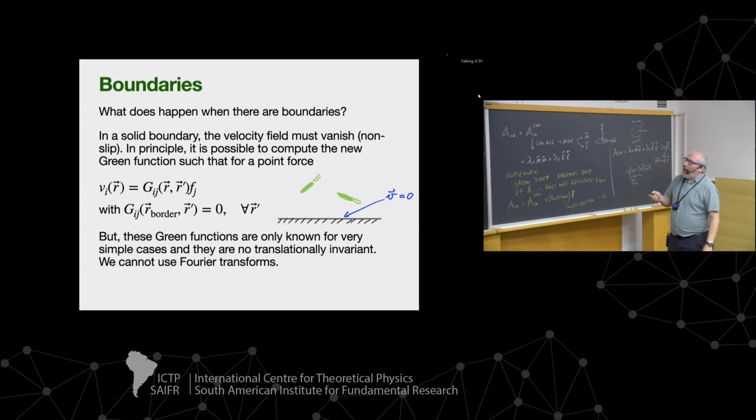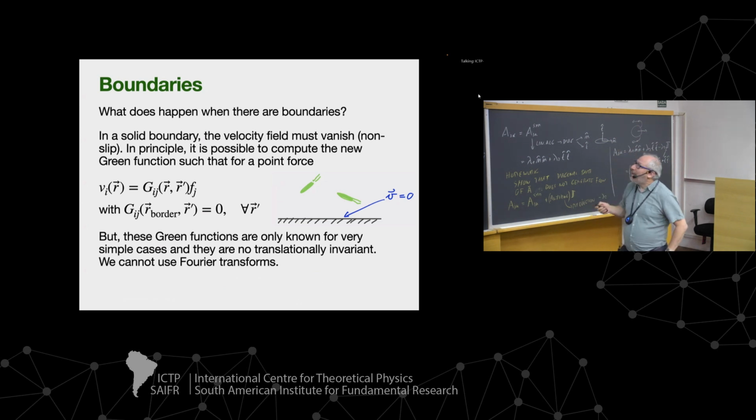The other problem is that because you have a surface, now you don't have translational invariance. So the Green function, maybe you noticed I put a comma here, I didn't put a minus sign. It depends on both positions.